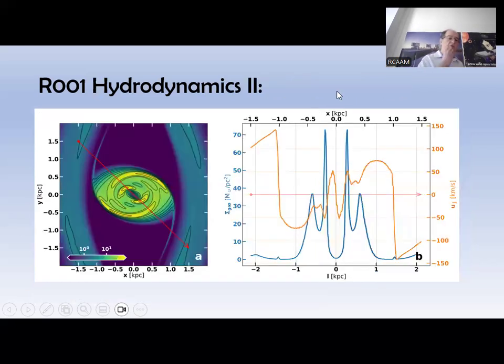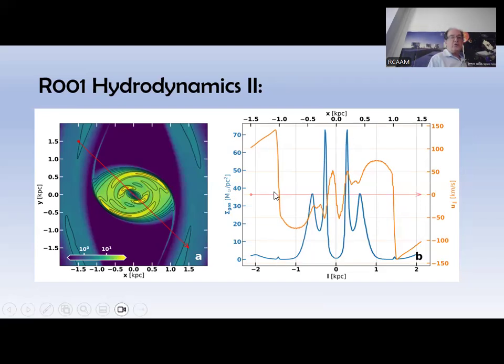And to have also a feeling about how the flow is, we have taken a slit. This is the case with 10 kilometers per second, so that we have the leading spiral. And you see that along this red slit that we have here, we have the intersection with the dust lane shock, which is this tiny overdensity over here.